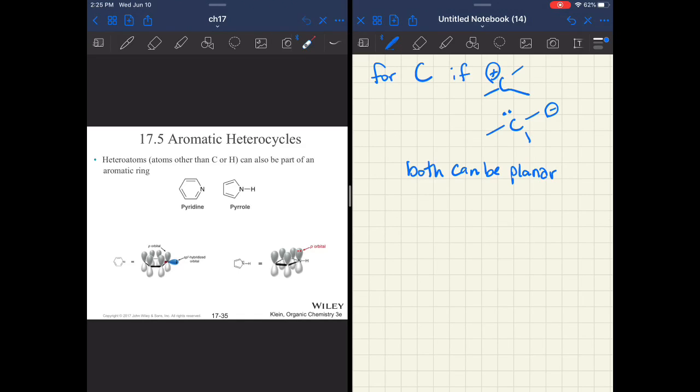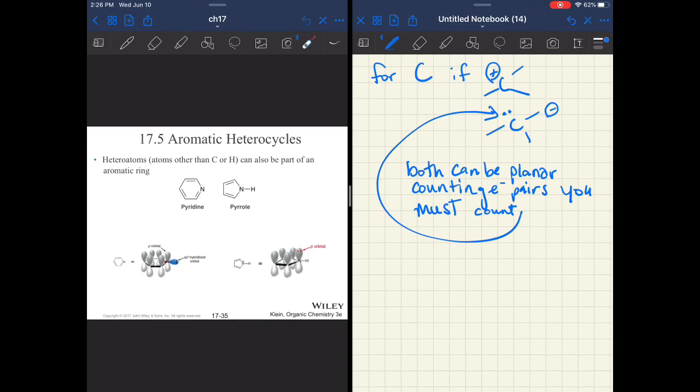And when you are counting electron pairs, you must count the electron pairs in a carbanion, a negatively charged ion with carbon.